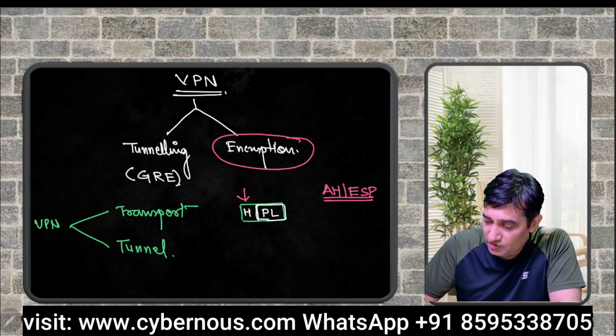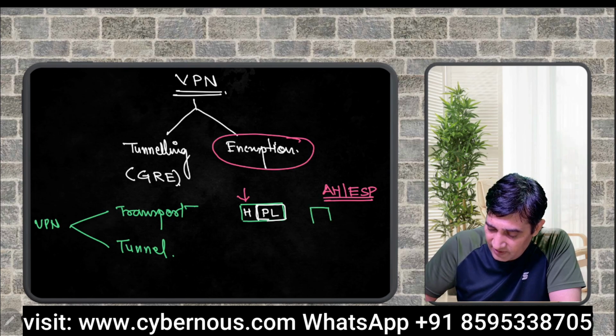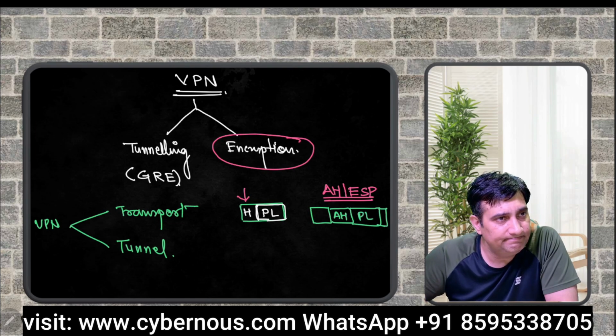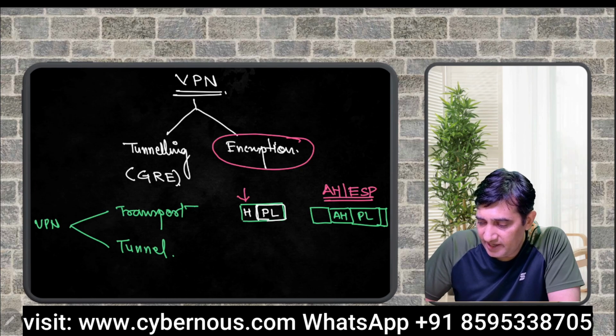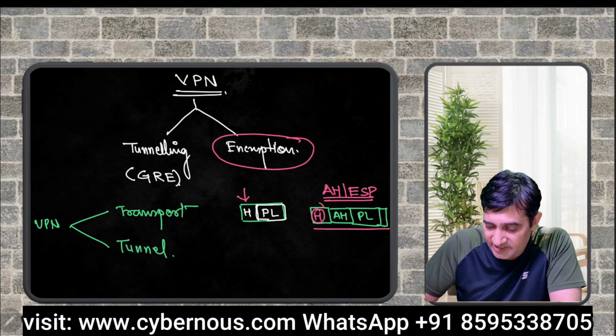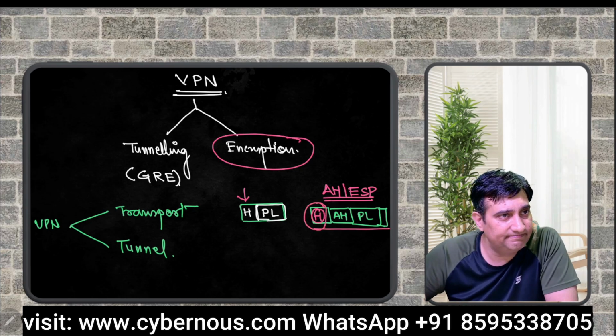Your header will be here, and then comes your authentication header or whatever you want to use, and then your payload and maybe a trailer as well. But the data is actually driven only by this header, and this header is kept intact. So you are not changing the driver in the car.